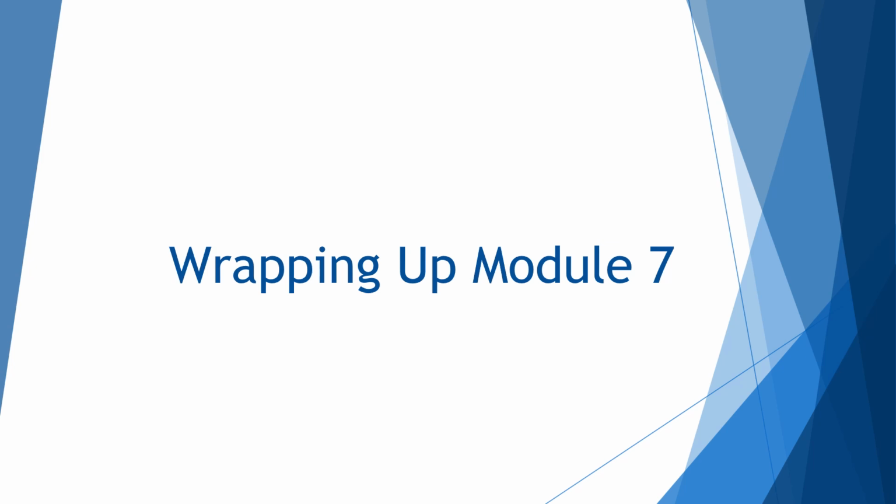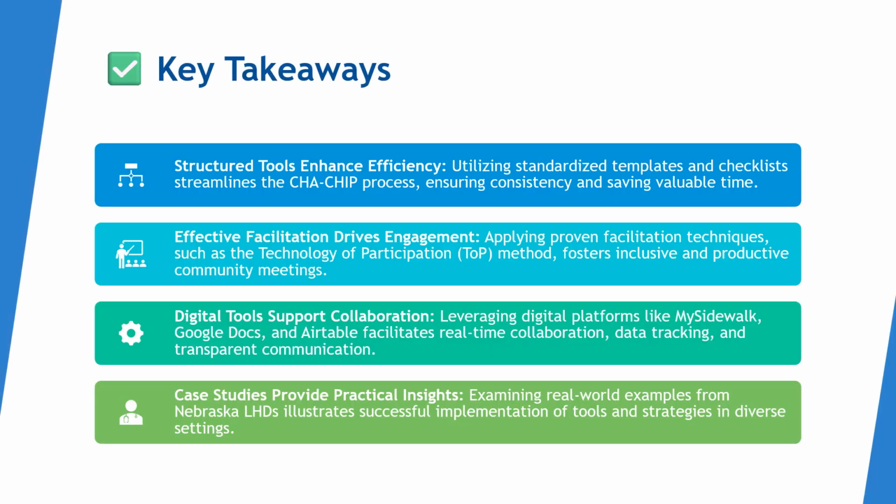So let's wrap up Module 7. We've covered a lot of things, but just very superficially. Like I said, there's so much depth in this area. The key takeaways are that structured tools enhance efficiency. I'm trying to provide you some resources, some standardized templates and checklists, streamlining the CHA-CHIP process, ensuring consistency and saving valuable time.